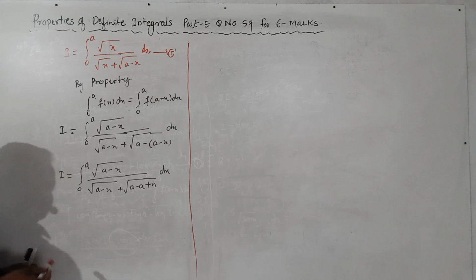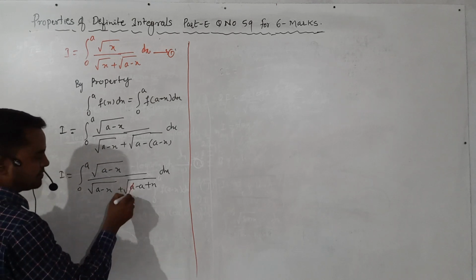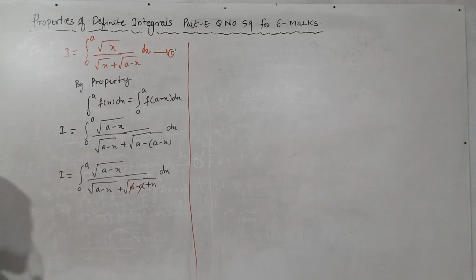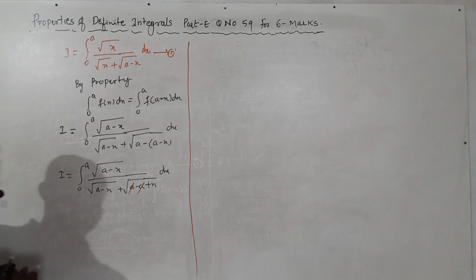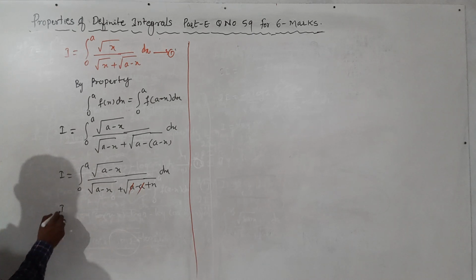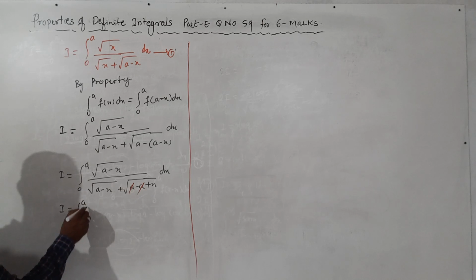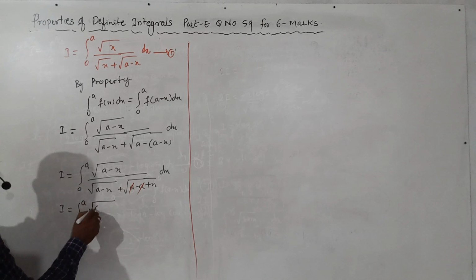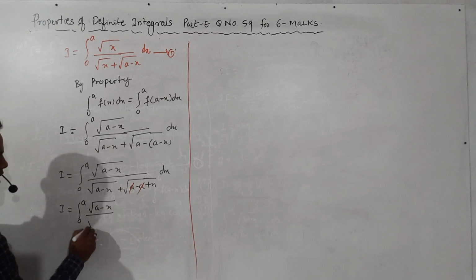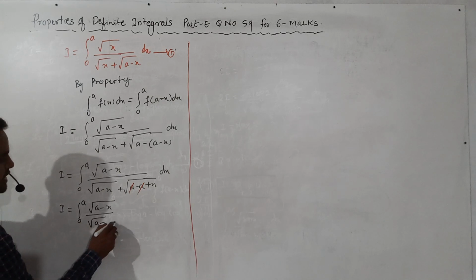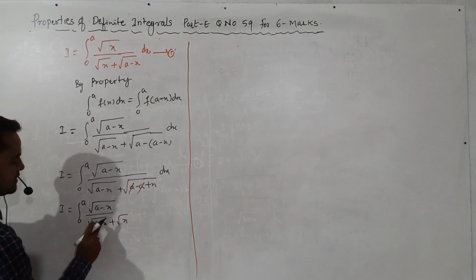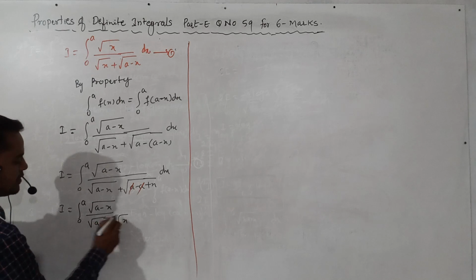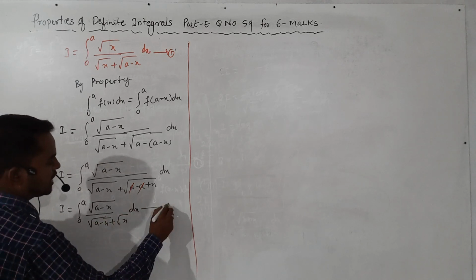Now plus a minus a get cancelled. Now I is equal to root of a minus x divided by root of a minus x plus root x dx. This is equation 2.